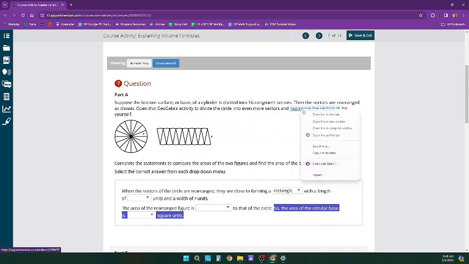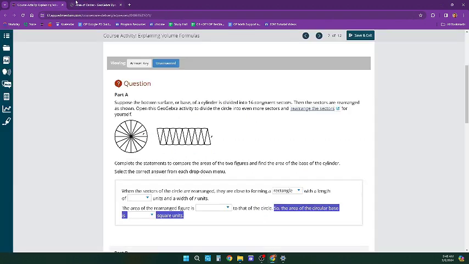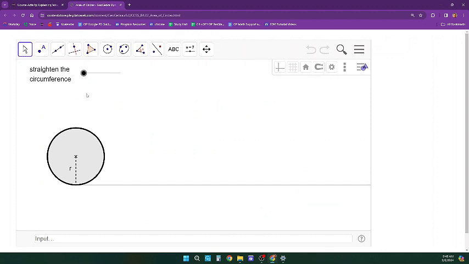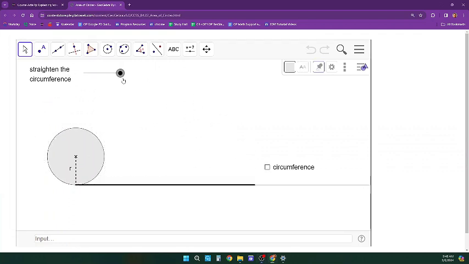So now let's go ahead and open our GeoGebra page to see exactly what's going on. First it gives us this slide in order to extend out the circumference.